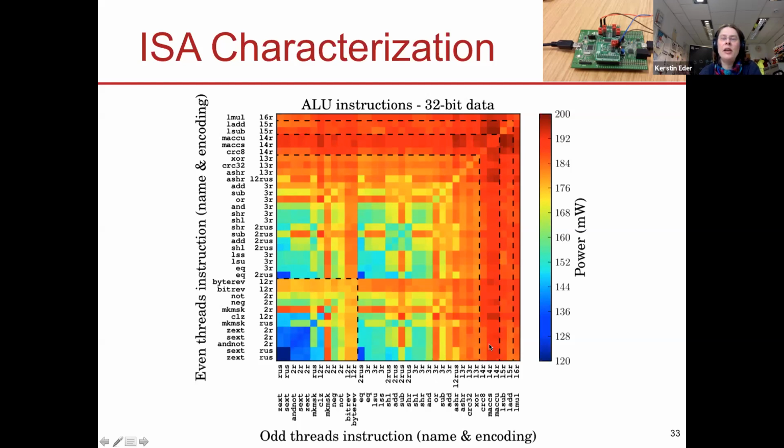And then on the very edge towards the right-hand side, you've got instructions with 4, 5, and 6 operands. A 6 operand instruction typically takes 4 input operands and writes to 2 registers. So that's a long multiplication that you can see at the far right at the bottom, that L mul. Okay, and so what can we see? We've got power in milliwatts on the right hand side, going from blue, which is low, to red, which is high.